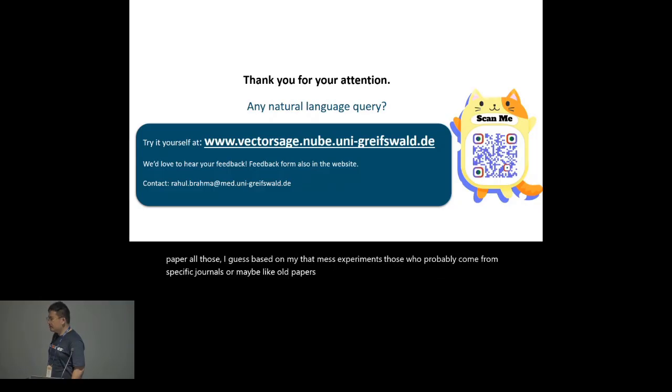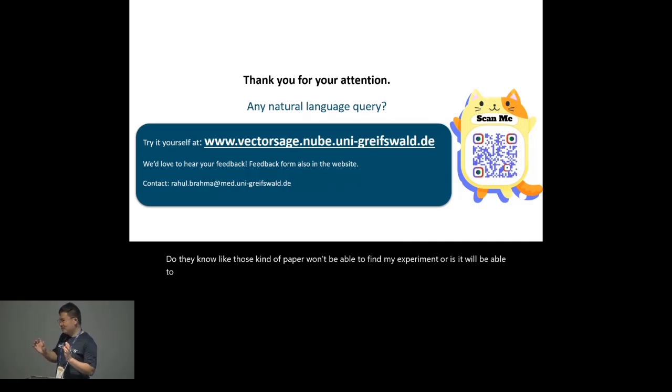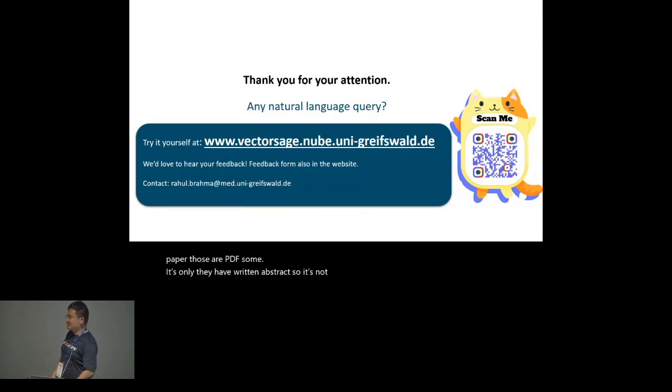And I was also wondering, for the users, do they know that those kinds of papers won't be findable in the tool, or will they be able to find them? Yeah, we haven't recorded which papers, but while filtering, we found around 10 million papers that are PDFs. Some only have a written abstract. So it's not complete data. So I think we'll add some metric on which years or journals were excluded.